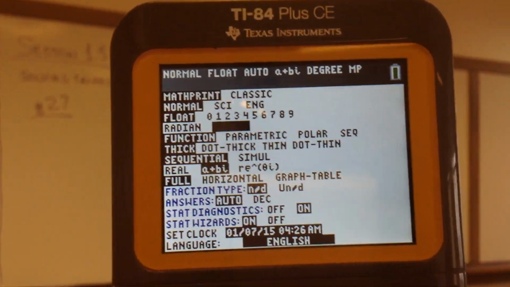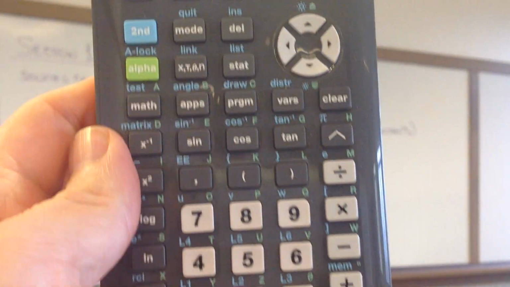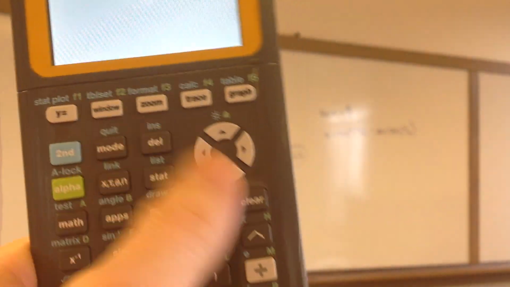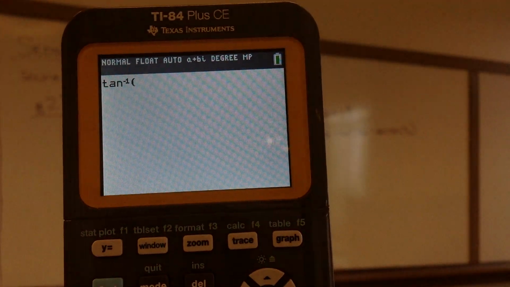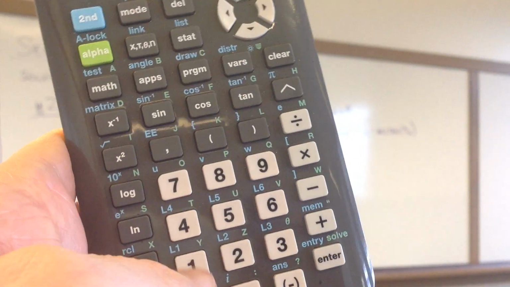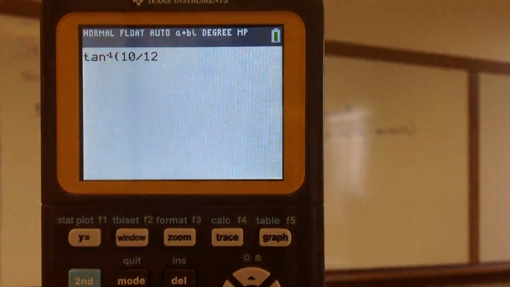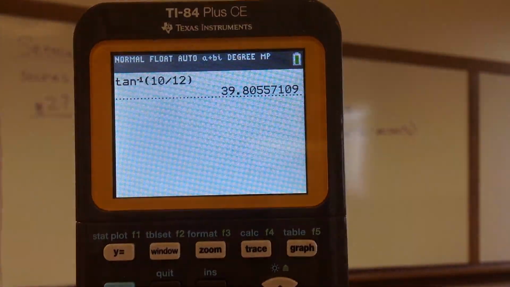My calculator was in radians. I'm going to put it into degrees. And then there's the tangent button right there. So if I do second tangent, you can see that's the inverse tangent, and then I'll type in 10 divided by 12, and then we'll hit enter.